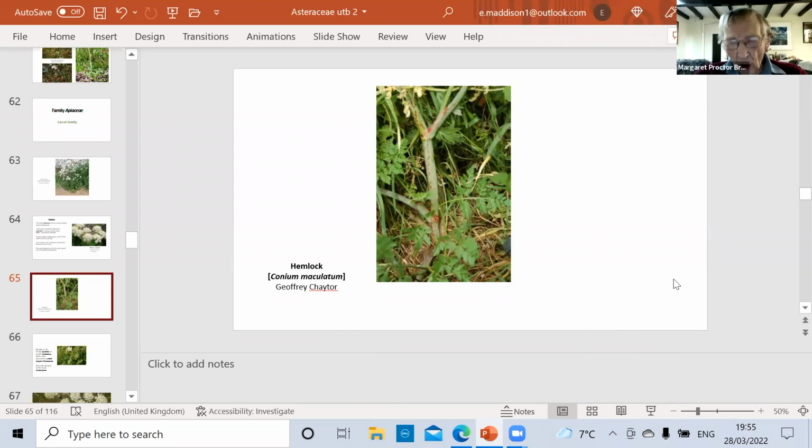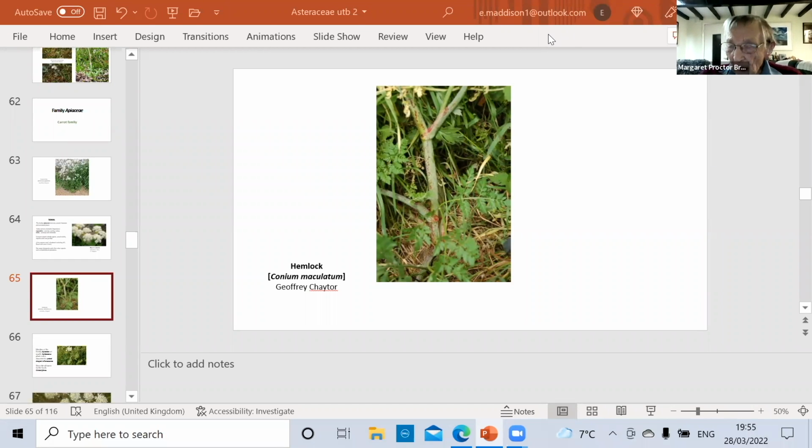A long time ago, I remember doing something for a weekend course on roadside verge plants. I'd have to think hard. I'll try and do it for next week for you, the ways of distinguishing common hedgerow umbels. One of them, we've talked about hedge parsley. There is an upright hedge parsley.